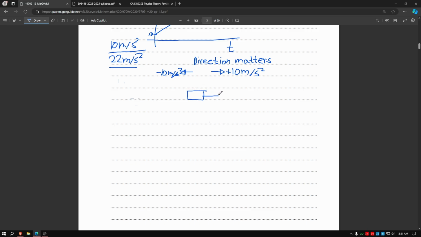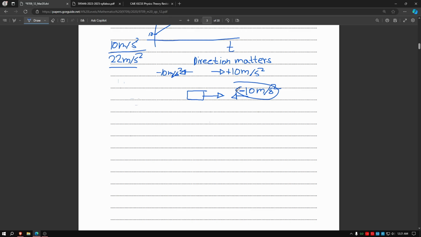In our car example, what did we see? The car was traveling in this direction, but there was an opposing force, an opposing deceleration of 10 meters per second squared. Deceleration means you're accelerating in the opposite direction, so it becomes negative. Negative acceleration is what they call deceleration, right?